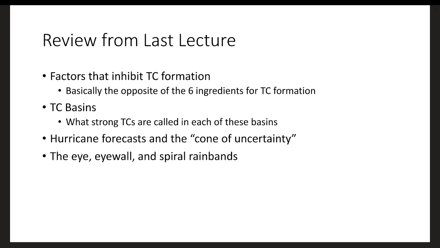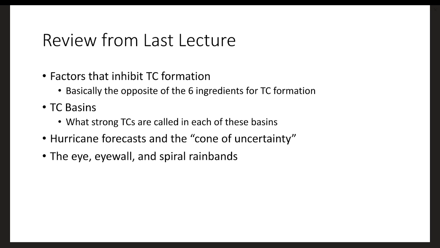So we'll do a brief review from last lecture. We talked about factors that inhibit tropical cyclone formation, so it's the opposite of the 6 ingredients for tropical cyclone formation. We talked about tropical cyclone basins and what each of the tropical cyclones are called in the basins, like when they become hurricane strength.